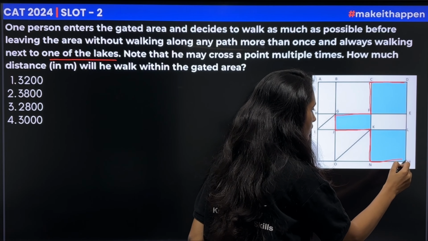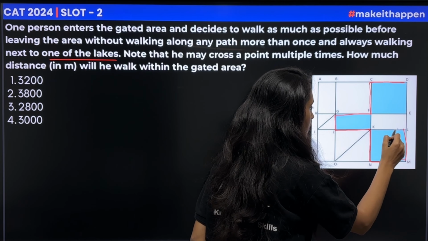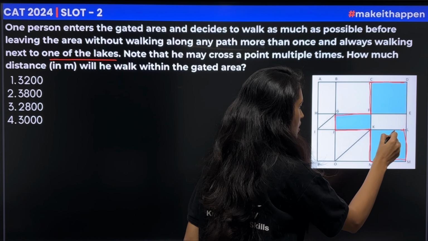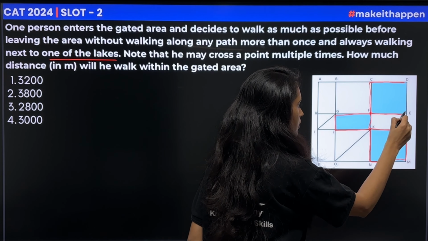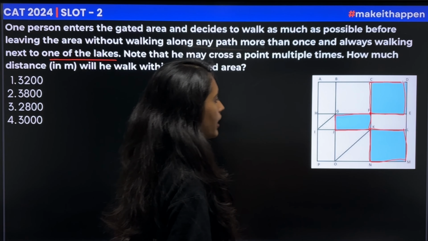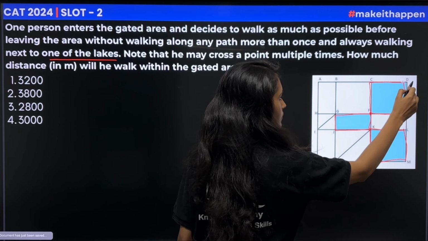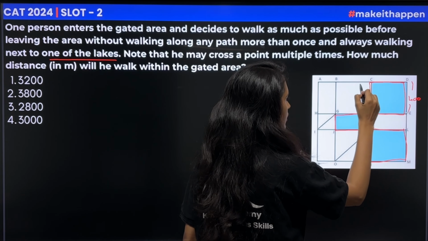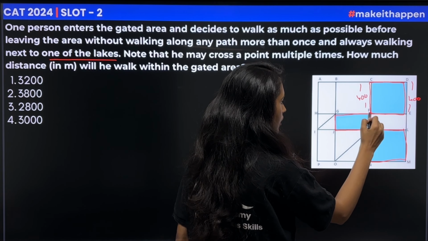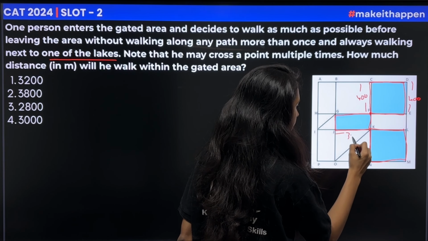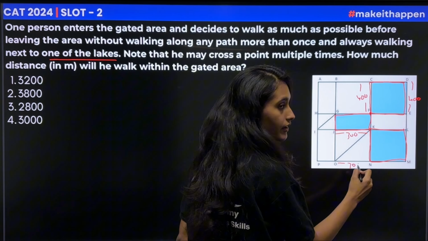from here, this path. This was 400, this will be 400, this will be 300, since this was 300.